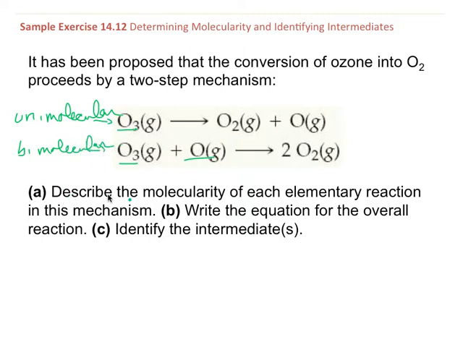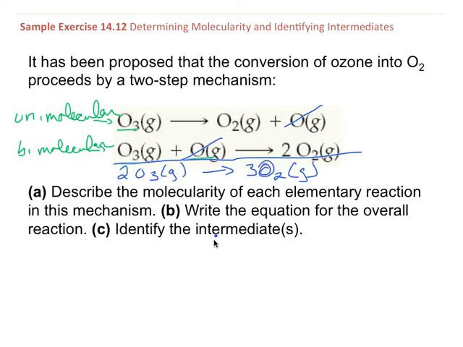Right. Write the equation for the overall reaction. Well, O and O appear on either side, so now I have 2O3 in the gas phase reacting to form 3 oxygen molecules, O2.